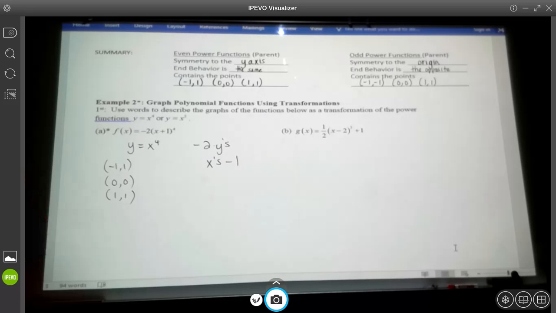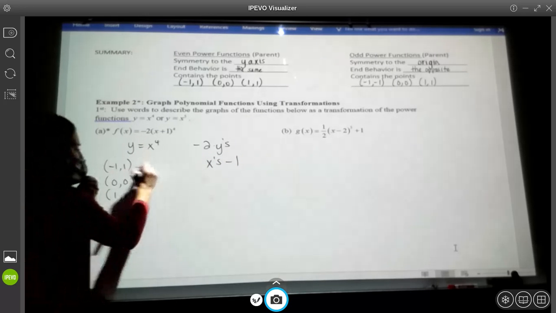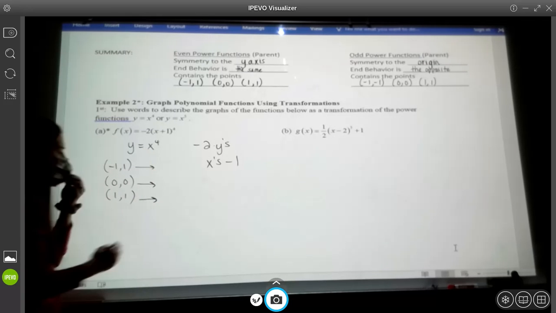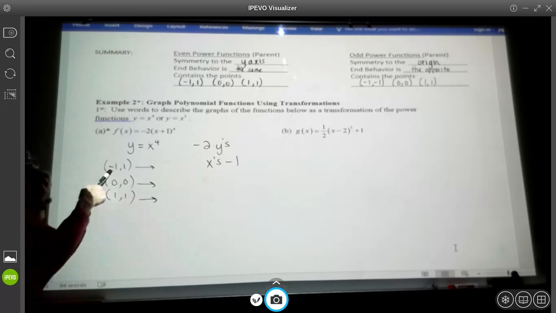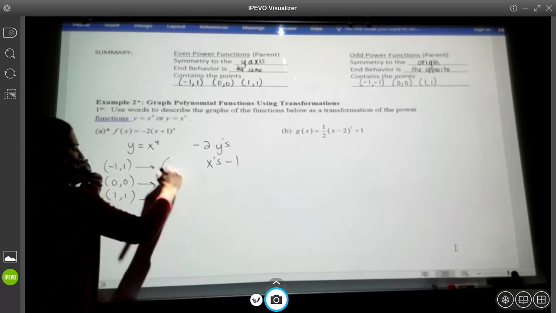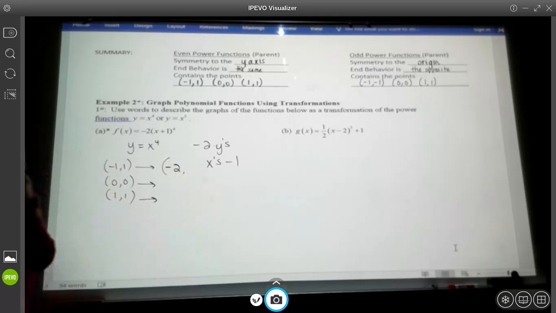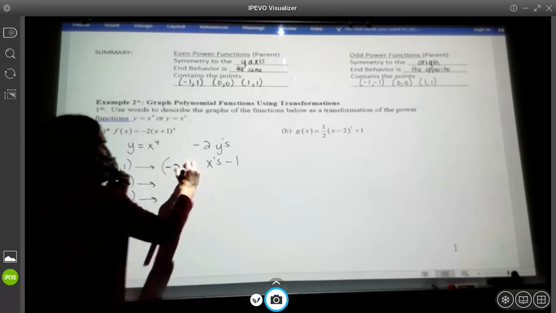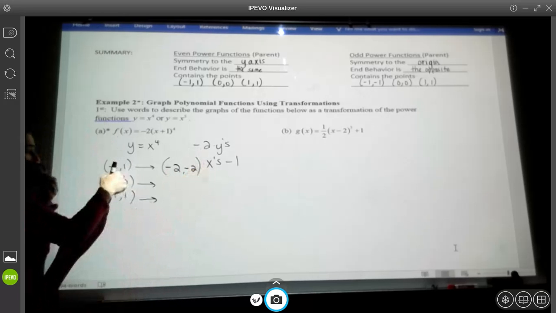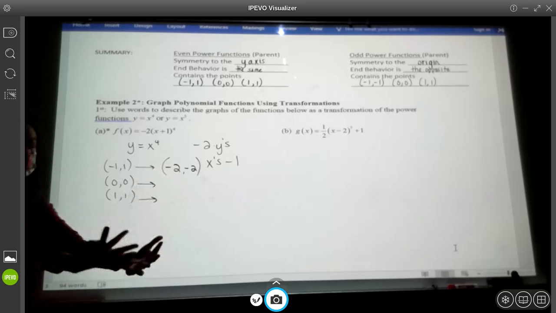So now guys, all you have to do to get your transformed graph is take the 3 original points and make these changes to their x and y coordinates. So take his x coordinate and minus 1 from it. That's now negative 2. That's where he's been transformed to. Take his y coordinate and times it by negative 2. That's this point's new home on the transformed function's graph.